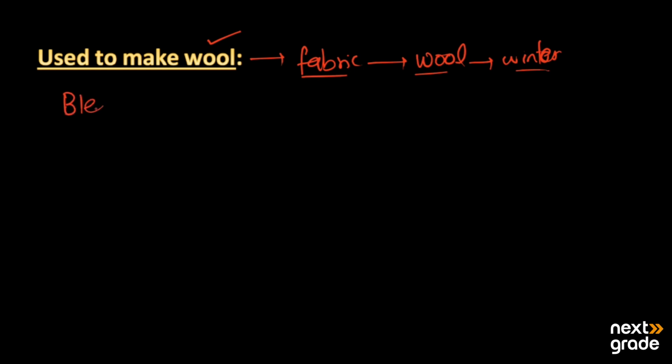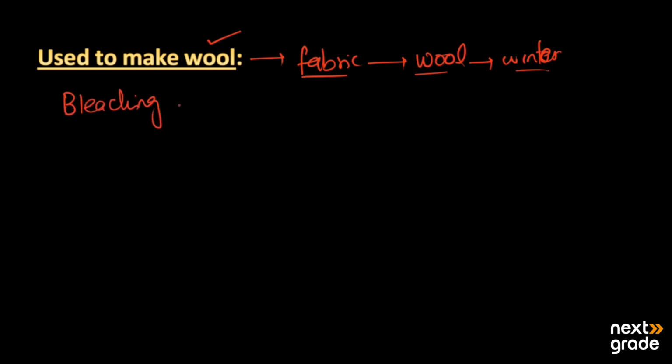After this, we have its fourth use. It is used to make wool. Now, the bleaching powder is used to make the simple wool, which is the fabric that we can use in the winter. Now, what type of wool can be prepared by the use of bleaching powder?